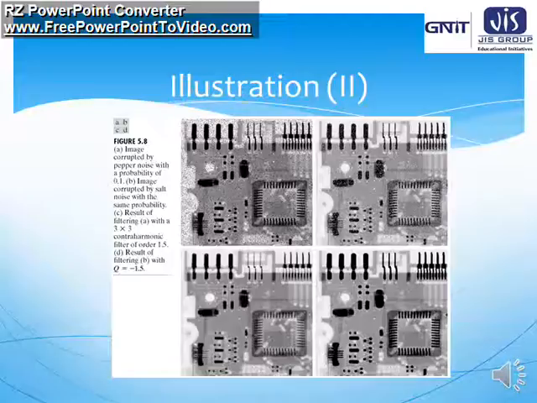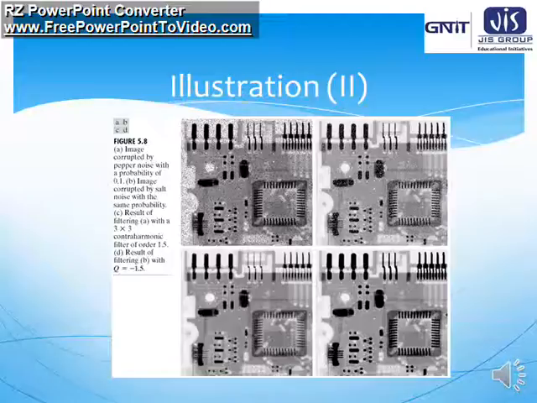Now we will use the filtering technique. In the third image is the result of filtering with a 3x3 contra-harmonic filter of order plus 1.5, and the last image is the same contra-harmonic filter, but here the value of Q is minus 1.5.